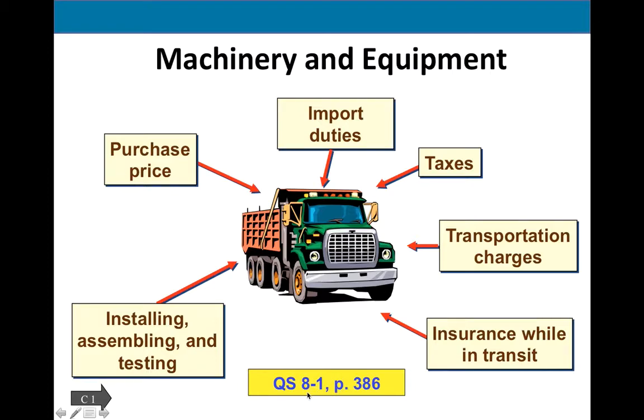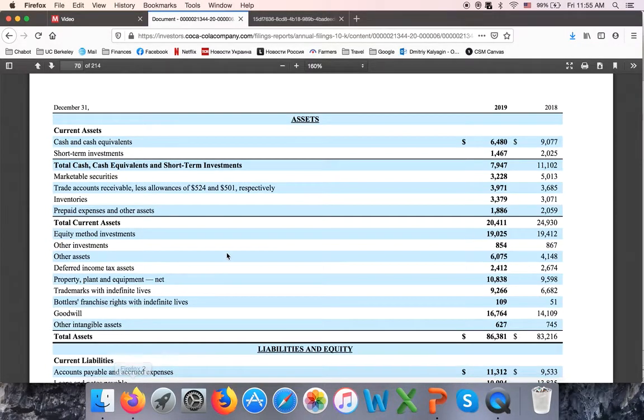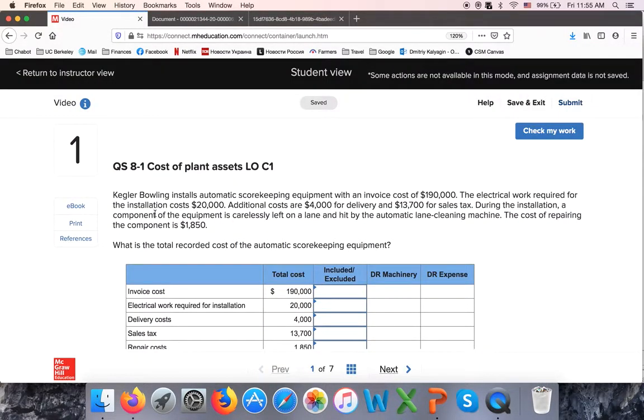So let's take a look at this quick study, 8-1 on page 386 in your textbook. Here we are Kegler Bowling, and we install a piece of equipment that keeps automatic scorekeeping, and it has a purchase price of $190,000. Do we include it in the cost of equipment, or do we expense it out?